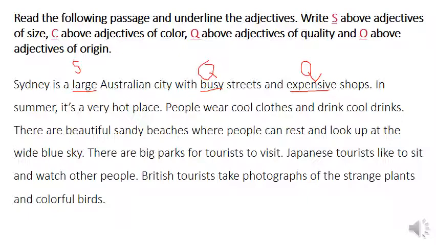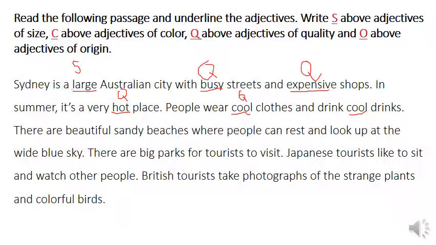So here, hot is an adjective. And this is an adjective of quality. So Q. People wear cool clothes and drink cool drinks. So both cool words in the sentence are adjectives, and they are both adjectives of quality also.